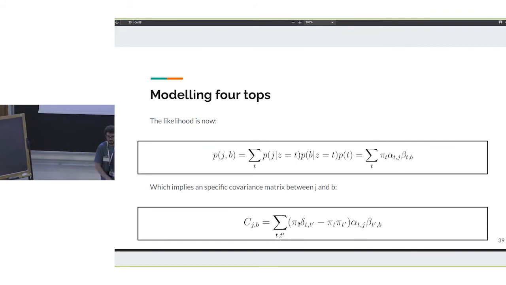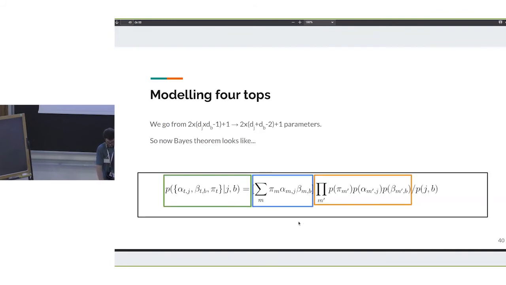Okay. So now, instead of this amount of parameters, we reduce it to this amount. If you have, for instance, 6 and 4 bins, the joint has 6 times 4 minus 1, 23 parameters, but now you have 6 plus 4, 10, minus 2, 8, plus 1 for the mixing parameter, 9 parameters.